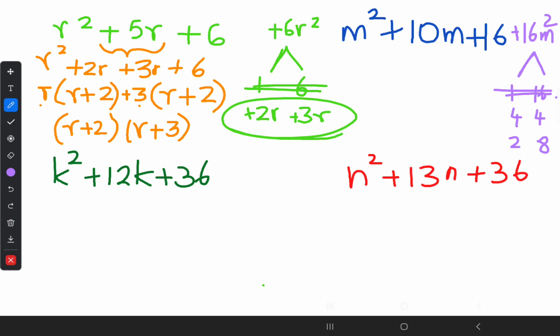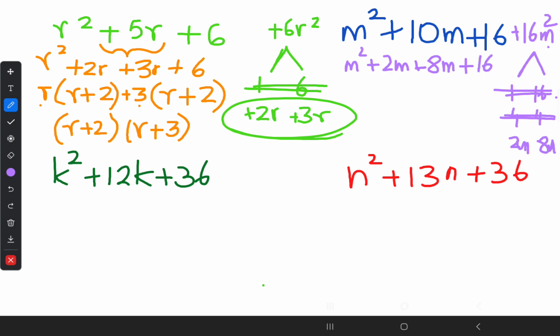Here also, 4 plus 4 is 8, 4 minus 4 is 0, that will not give you 10. 8 plus 2 is 10, that will give you the middle member. Now we found the particular multiplication pair, which is 2m and 8m. Since it is m square, do not substitute r or x there. It should be m. So m square plus 2m plus 8m plus 16.